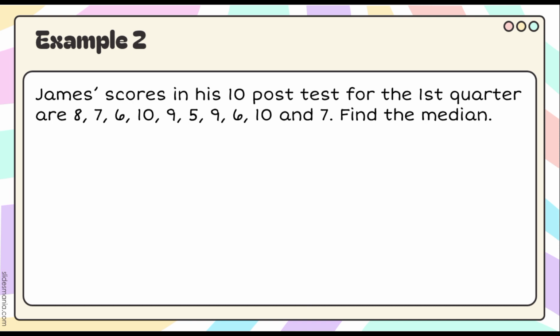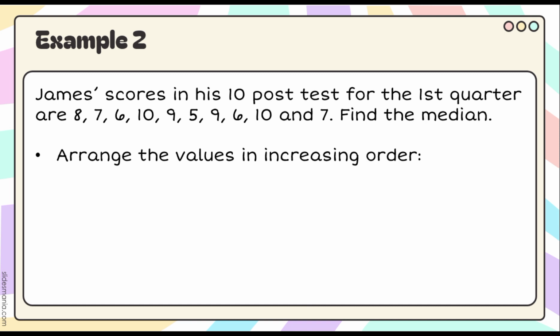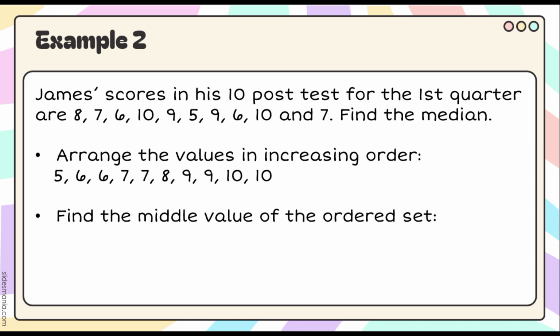Again, the first step is to arrange the values in increasing order: 5, 6, 6, 7, 7, 8, 9, 9, 10, and 10. Second, we find the middle value of the ordered set. Since the number of scores is even, the median is the mean of the two middle scores.